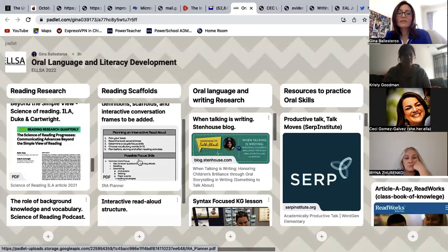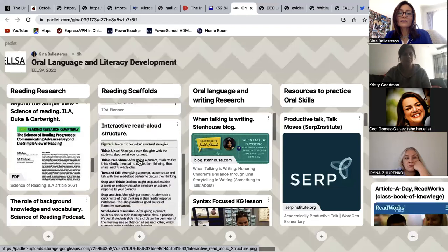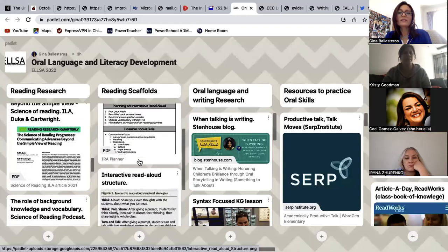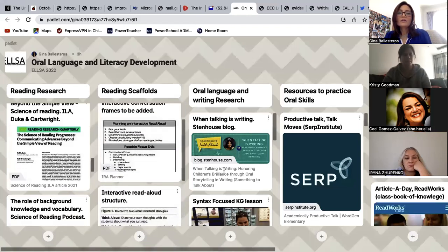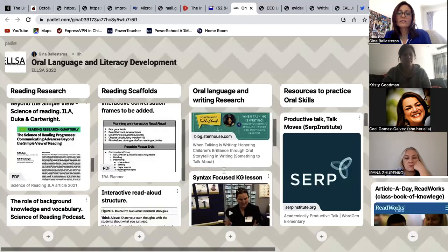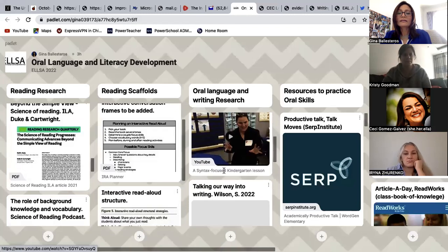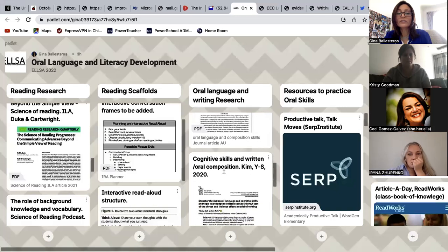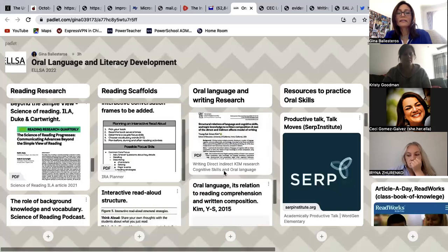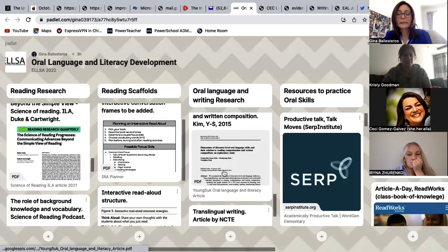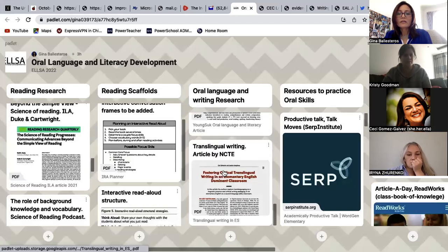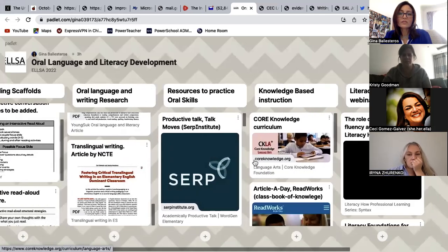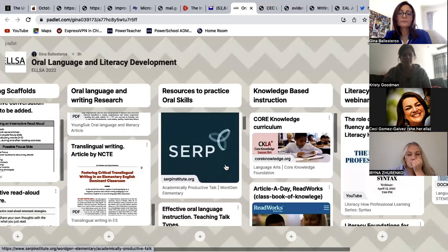There are some reading scaffolds in here for read aloud instructions and interactive read alouds, some resources related to oral language and writing research, and the research that I have used to build my talking points for this presentation by Kim and Park. And also resources to practice oral language skills.